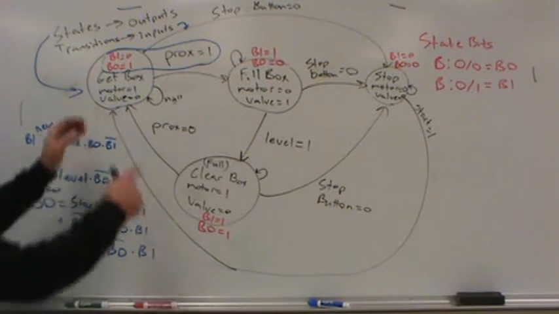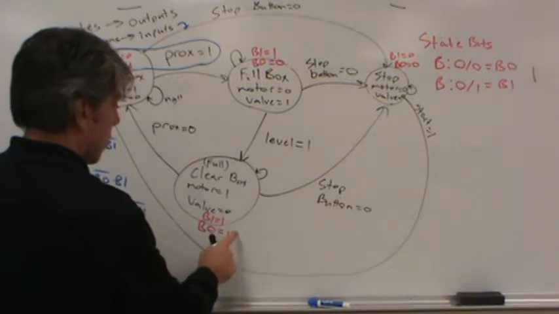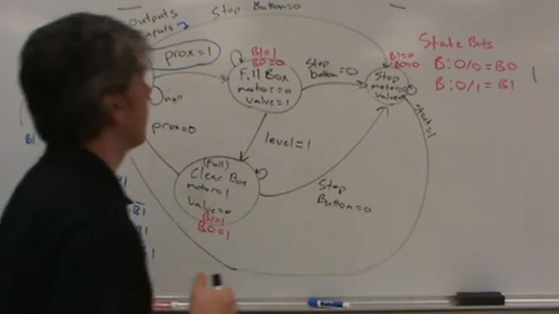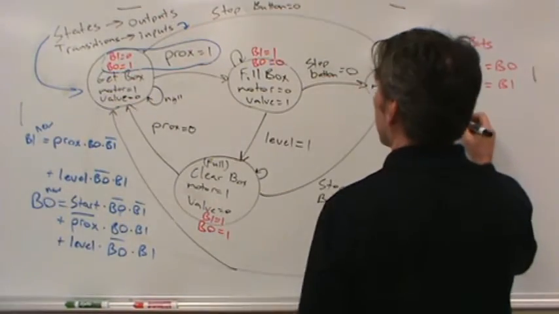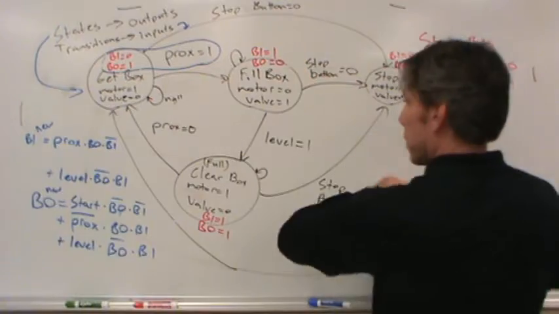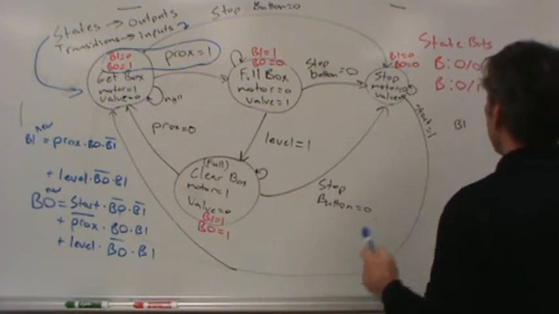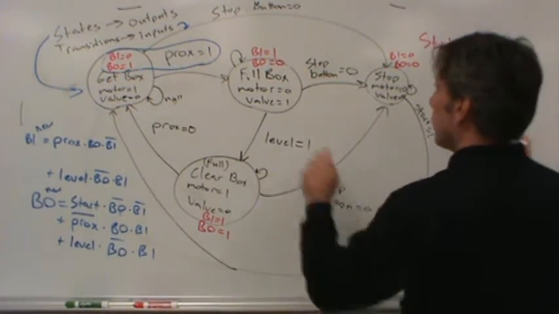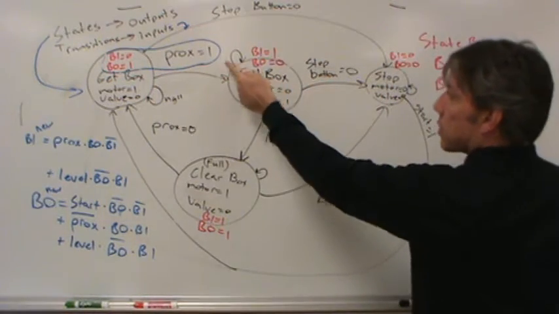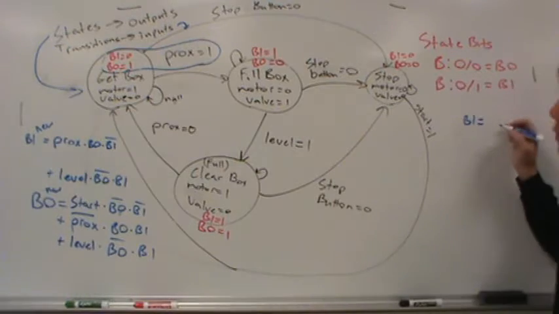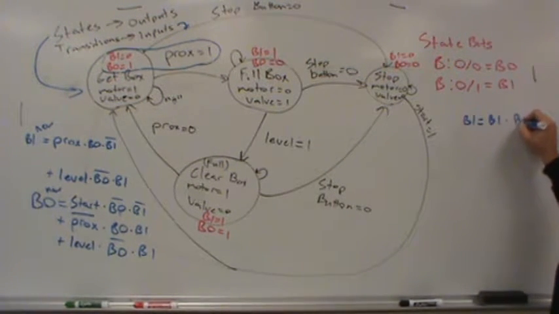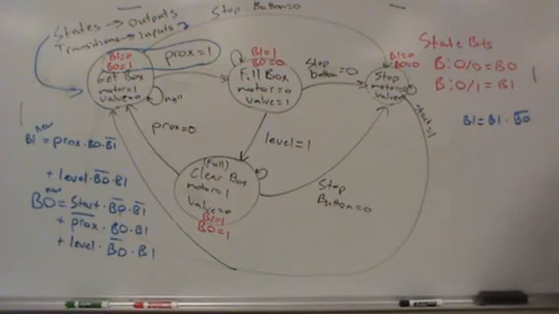All right, so we have to program all these ones again, but now for the null transitions. So let's figure out how to do that. If, let's see, we have to worry about this one, right? So B1, let me go back to the blue color. May as well start here. B1 equals, well, for this null transition, we would have to already be in that state, right? So it would be B1 not B0.